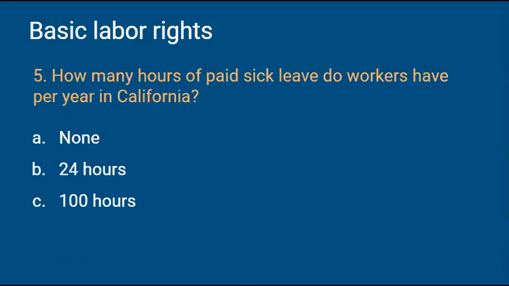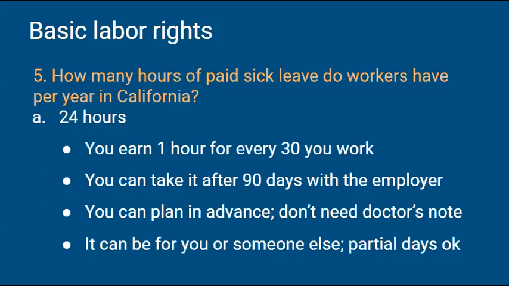Okay, how many hours of paid sick leave do workers have per year in California? A, none, B, 24, or C, 100? Well, for a long time, it was actually none. But a few years ago, we got a law in California that says you have 24 hours per year.